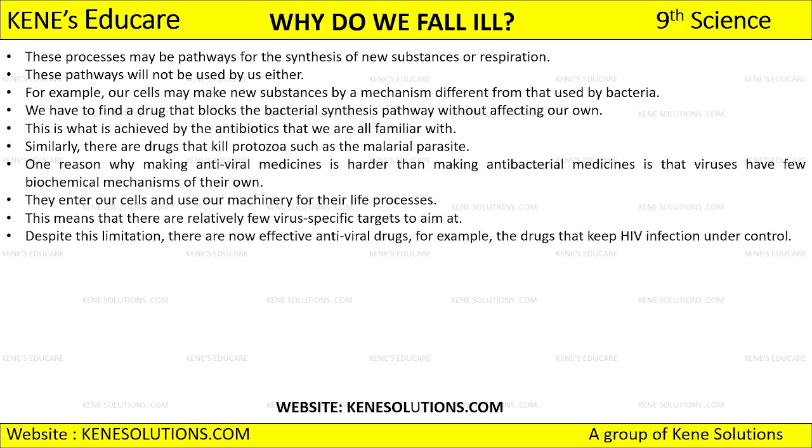For example, our cells may make new substances by a mechanism different from that used by bacteria. So we have to find a drug so that the bacterial synthesis pathway gets blocked, and once it is blocked, we can control that microbe.